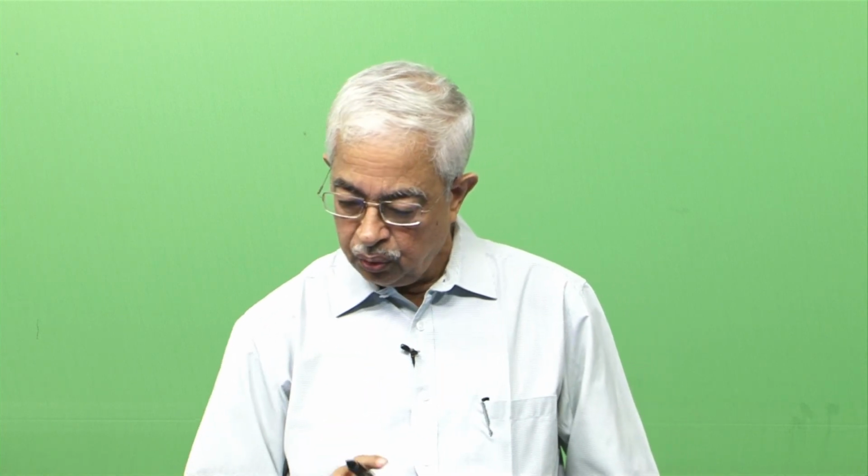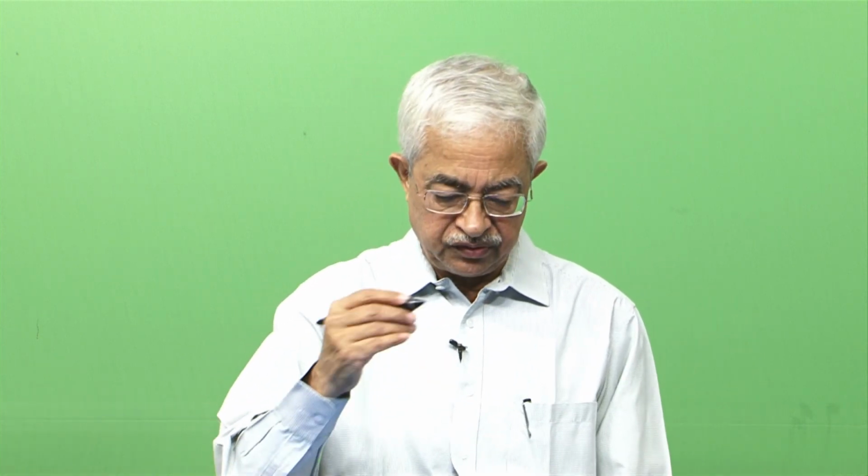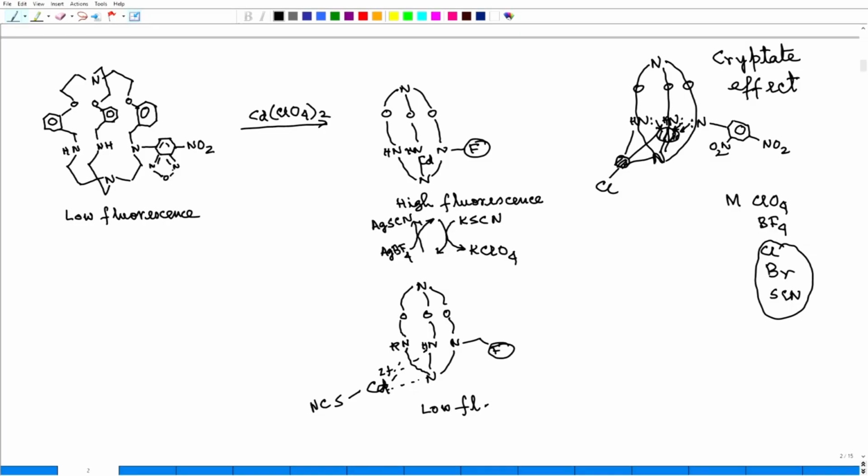With that knowledge, we have made another way of having reversible fluorescence. We have this compound, a fluorophore, which we call diaza fluorophore. This fluorophore is electron withdrawing. When we react this with cadmium perchlorate, perchlorate being a non-coordinating anion, cadmium goes in.